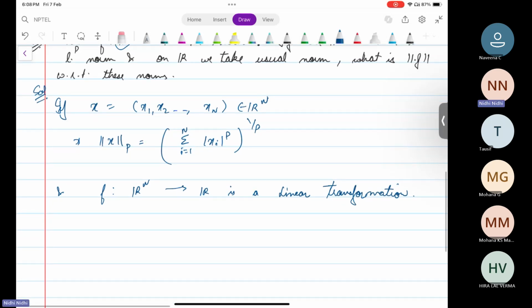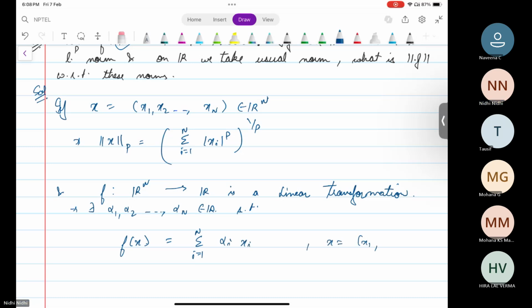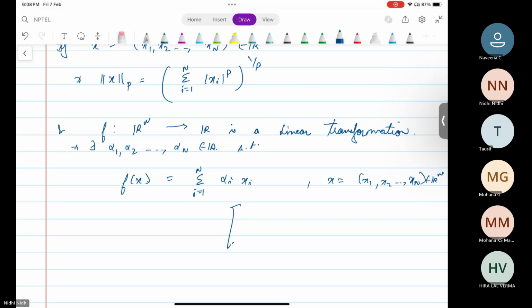So this implies there exist some alpha 1, alpha 2 to alpha n in R such that for every x, fx is equal to summation i from 1 to n alpha i xi, where x is an element in Rn. We can see that, let ei be the vector 0, 0, 1 at the ith position.